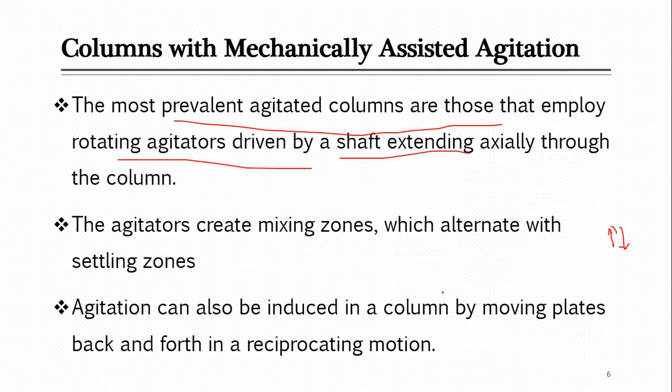So up to here you have seen why we go for mechanical assistance. Just to summarize: whenever gravitational force is not helping us much, due to problems like high interfacial tension between two liquids, low density difference, or very high viscosities, and in industry such problems are common, in all those cases you have to introduce some external assistance so that it can add to gravity for better mass transfer.